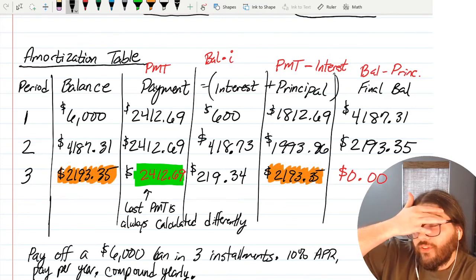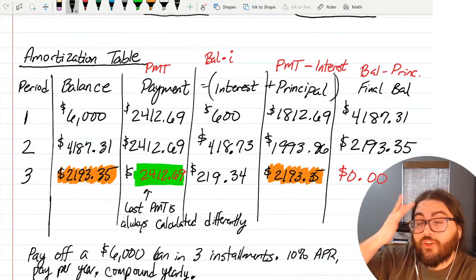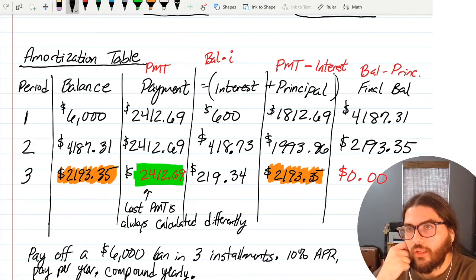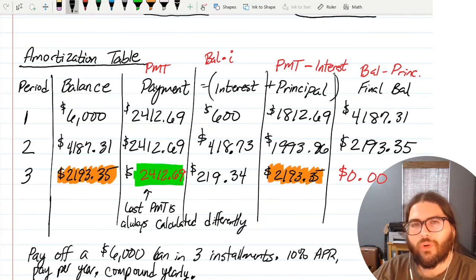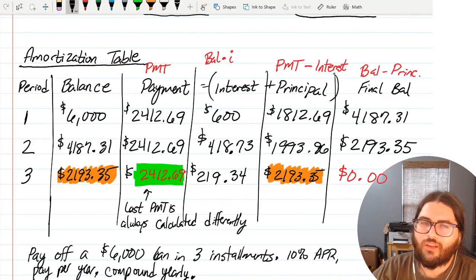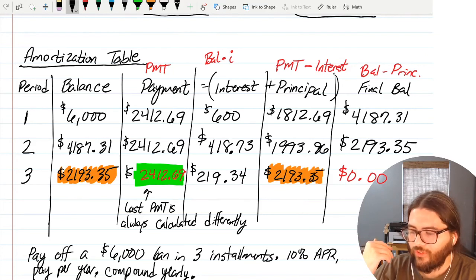And like I said, in this case, we didn't actually need to do that because it was the same as the previous payments, but it won't always be that way. And we don't know when it will be that way and when it won't. So I can't give you anything to look for in the future to say, oh, hey, the last payment's going to be different. I can't tell you that. You just have to figure it out every single time.